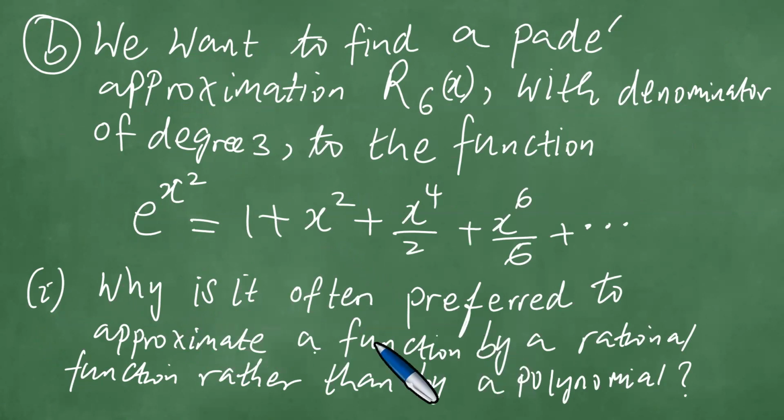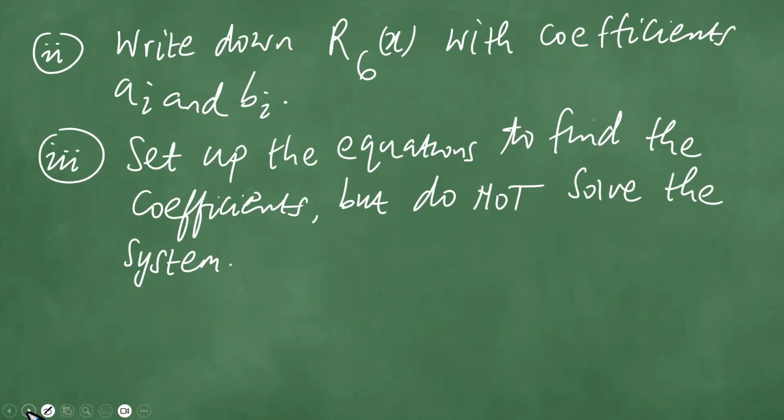Why is it often preferred to approximate a function by a rational function rather than a polynomial? Why rational? Why not just use a polynomial instead of a rational function? Solution to this.